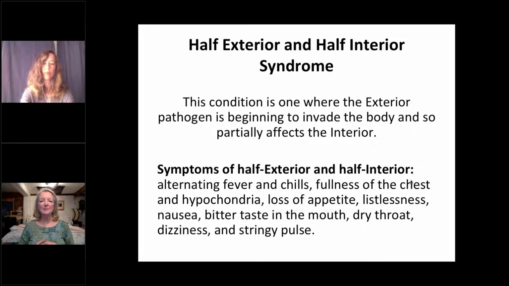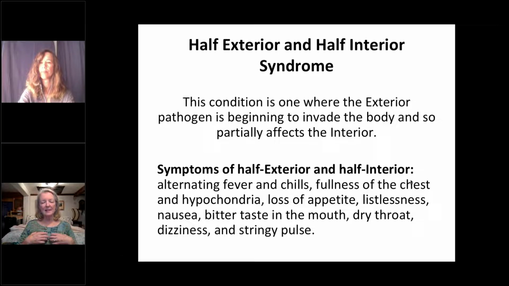Then you can get symptoms of alternating fever and chills, a fullness of the chest and the hypochondria, loss of appetite, listlessness, nausea, a bitter taste in the mouth, a dry throat, even some dizziness. And what's happening here is you don't have the complete external on the surface cold or flu symptom, but instead you partially have it inside the body as well. And I see this quite often.